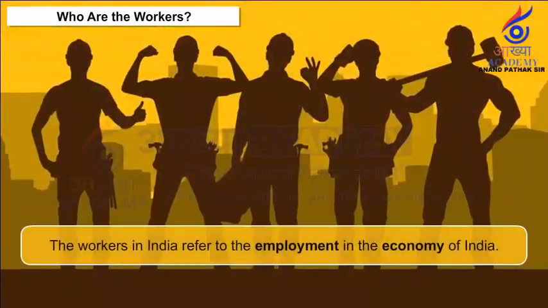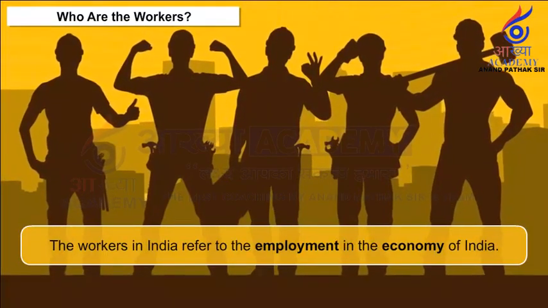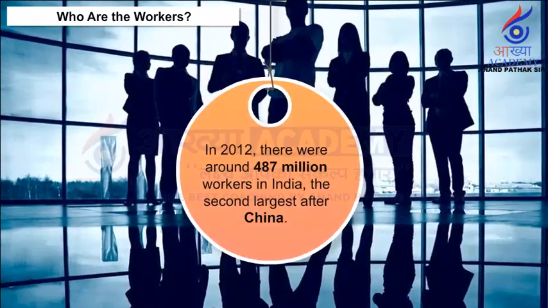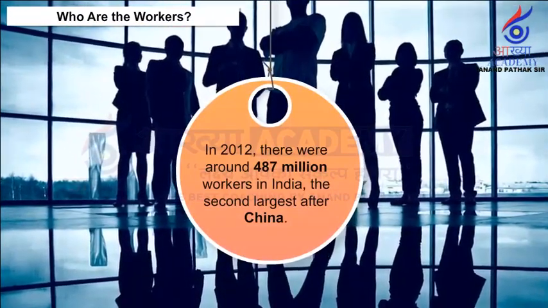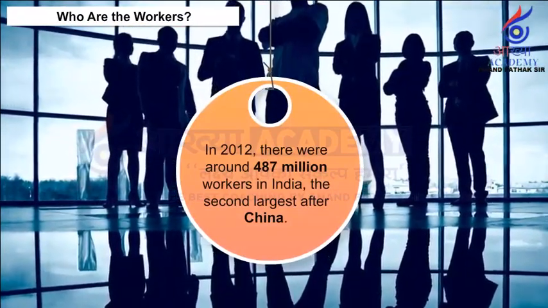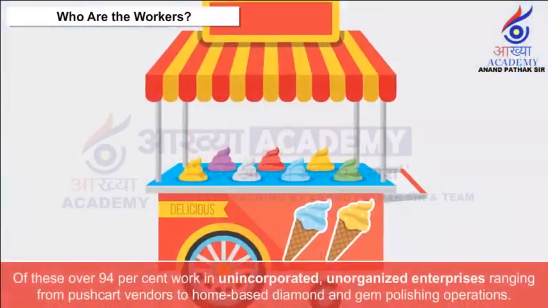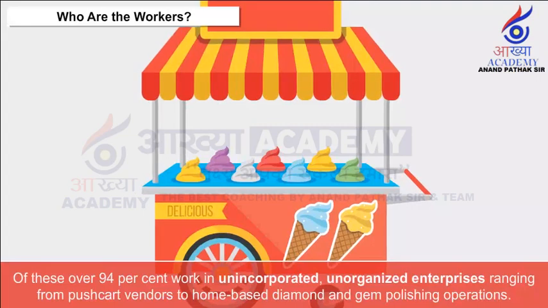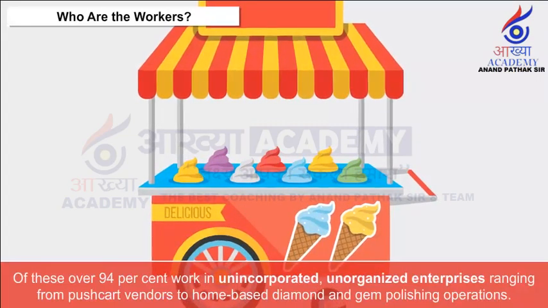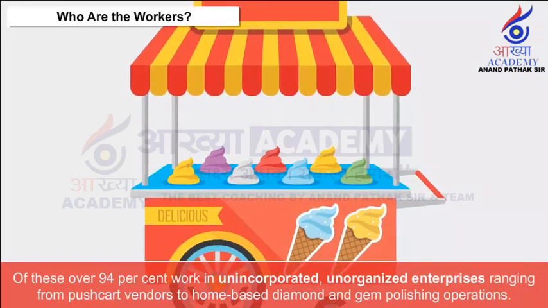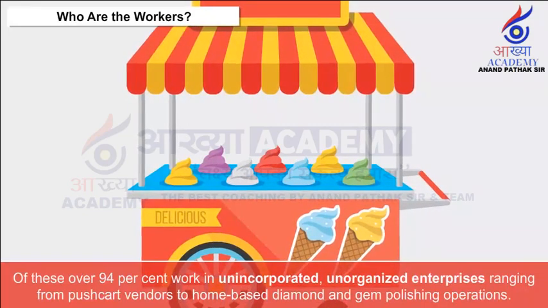The workers in India refer to the employment in the economy of India. In 2012, there were around 487 million workers in India, the second largest after China. Of these, over 94% work in unincorporated, unorganized enterprises ranging from pushcart vendors to home-based diamond and gem polishing operations.